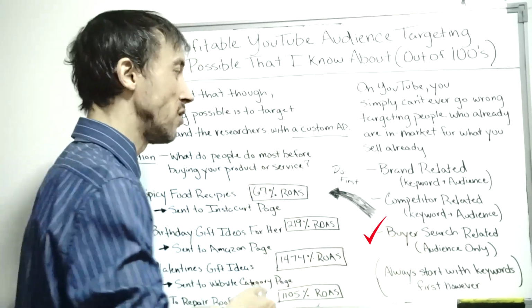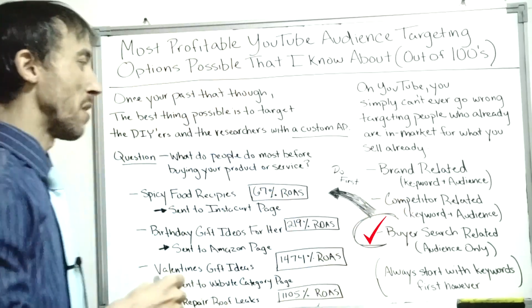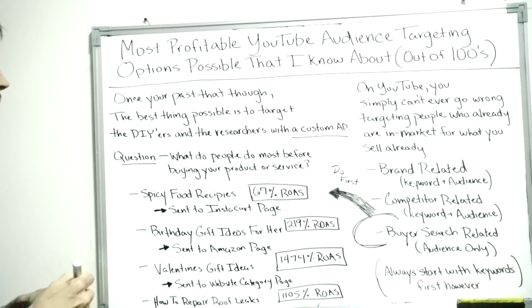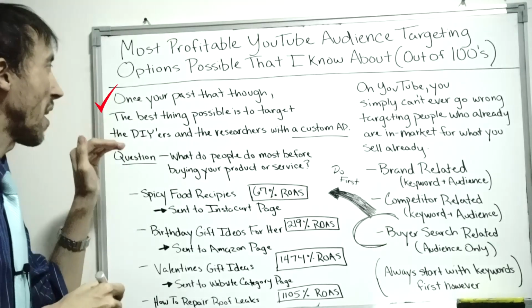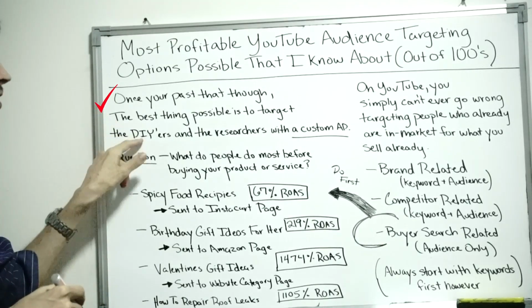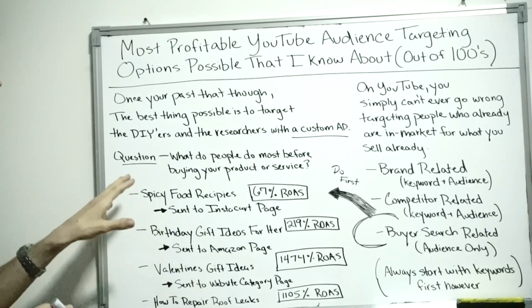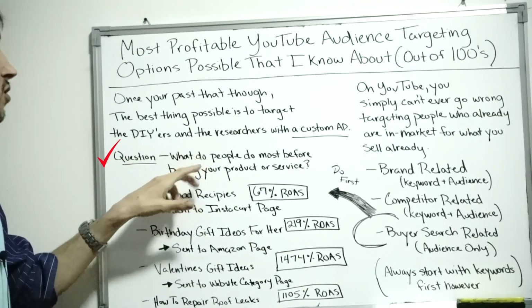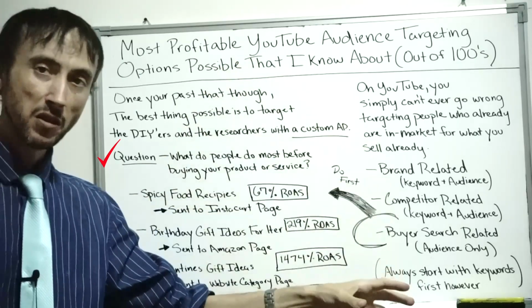But before I do that, this last one, these buyer search related keywords, as I mentioned, I would typically go after people that are the DIYers or researchers first. So you've got to ask yourself, what do people do the most before buying your product or service in your market?